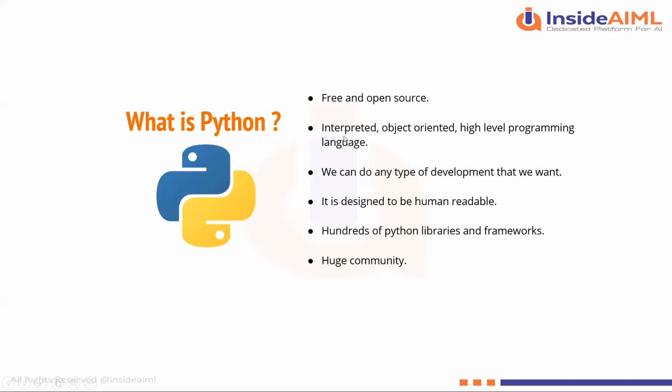So what do we mean by interpreted? We had discussed this in our bootcamp session. So can anyone tell me what we mean by interpreted? Yes, those who were there in the bootcamp first session.